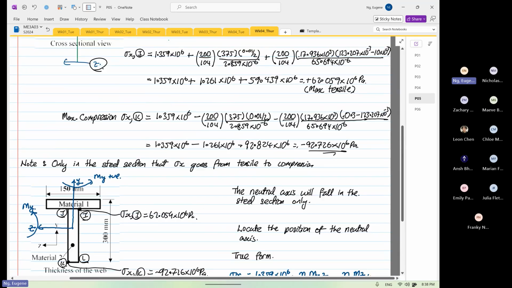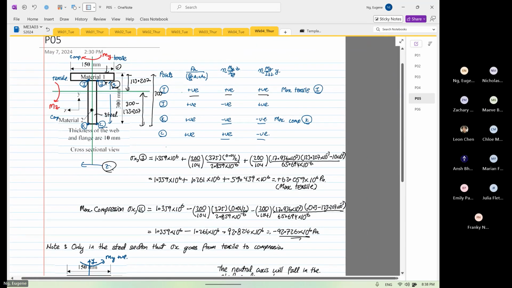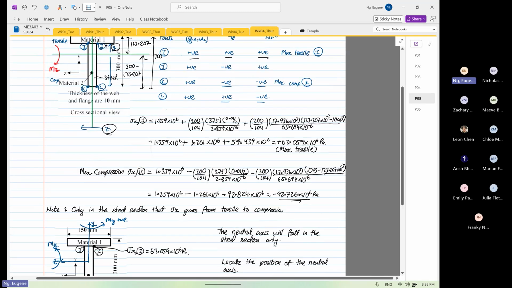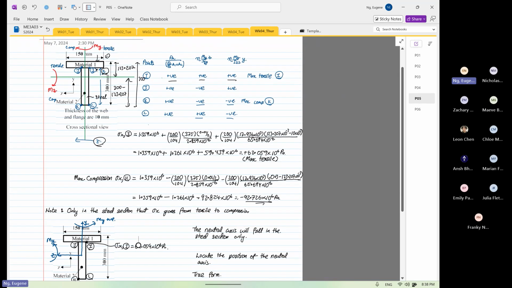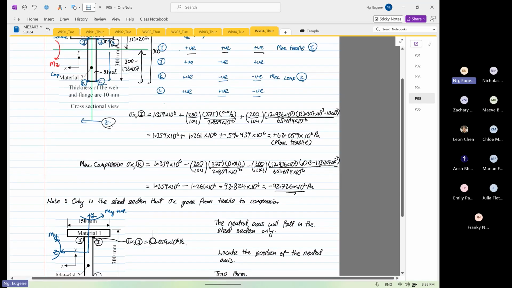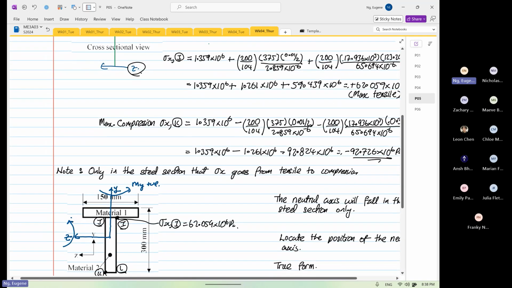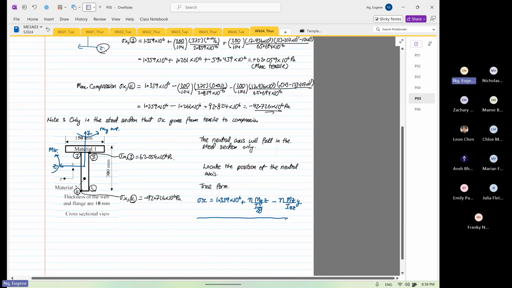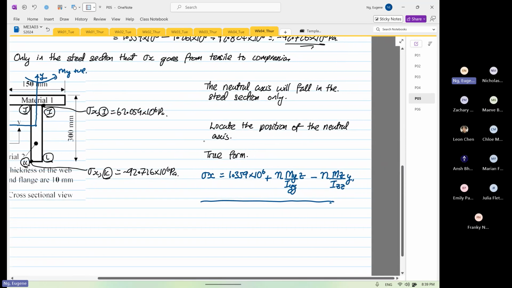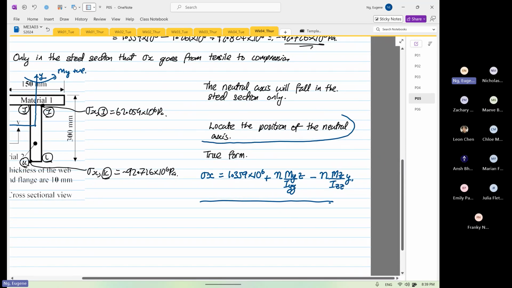Our moment about y is in the opposite direction relative to the blue. Can you see that? And our Mz is also in the opposite direction. So when it's the opposite direction relative to the true form, we just need to put a negative. This is important while locating the position of the neutral axis.